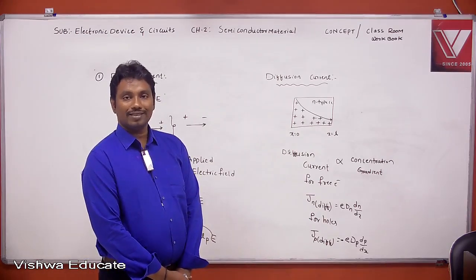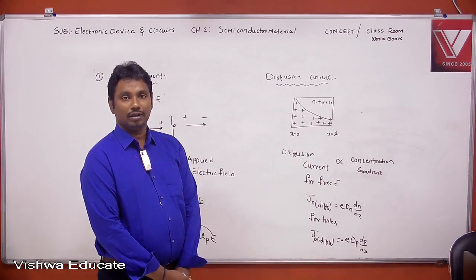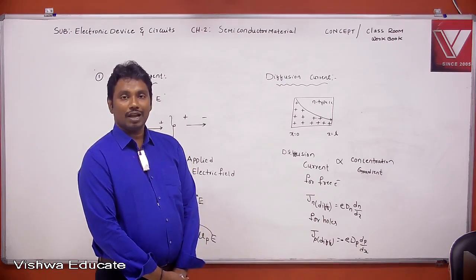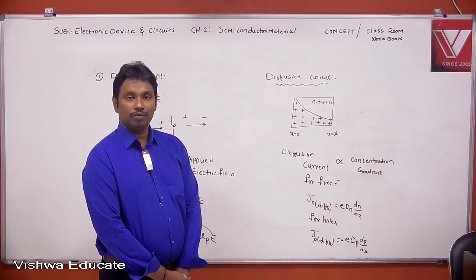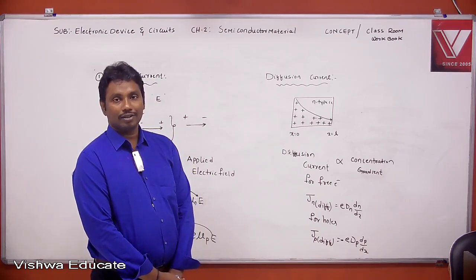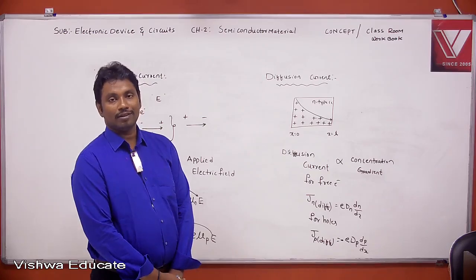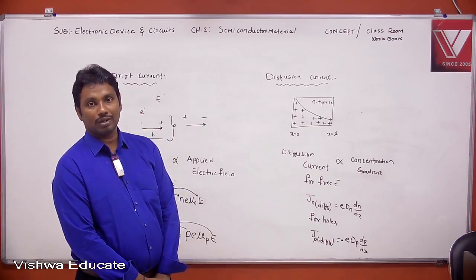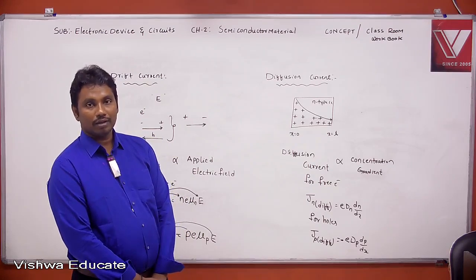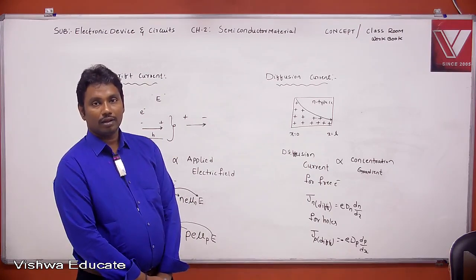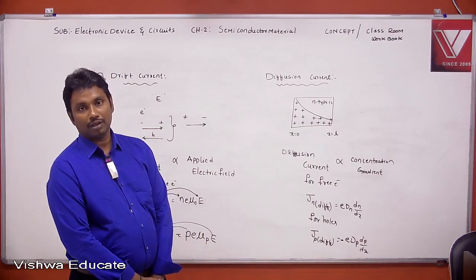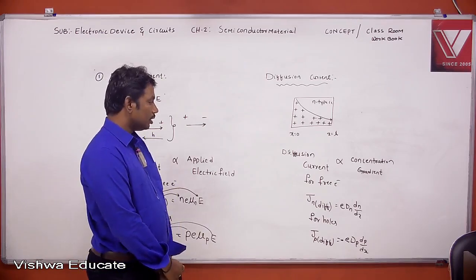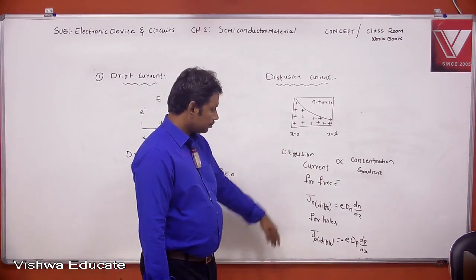Next point, due to concentration gradient, charge carriers are moving from high concentration to low concentration and produce a diffusion current. Copy this one.